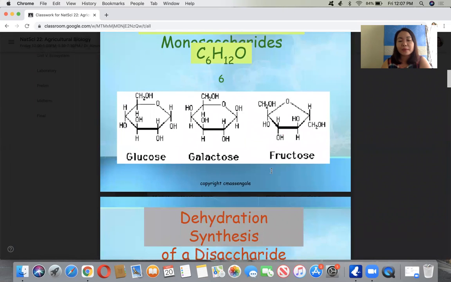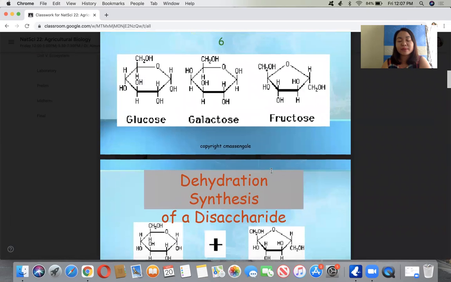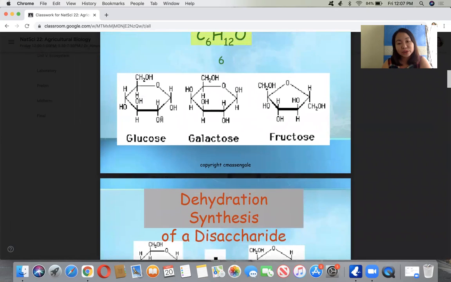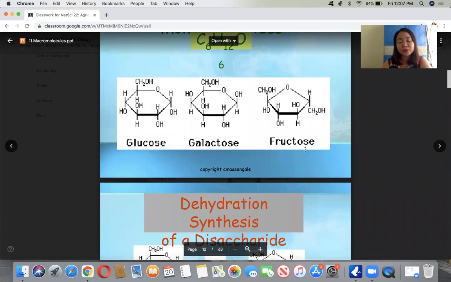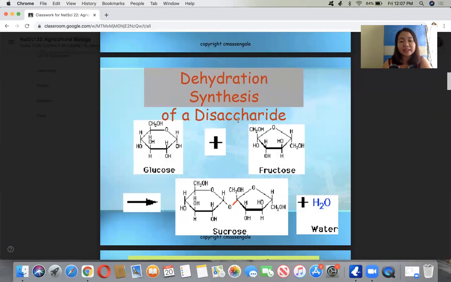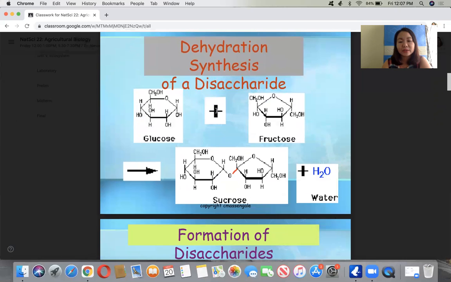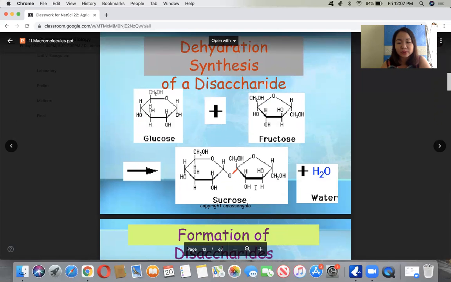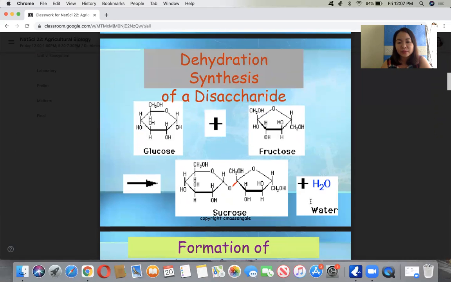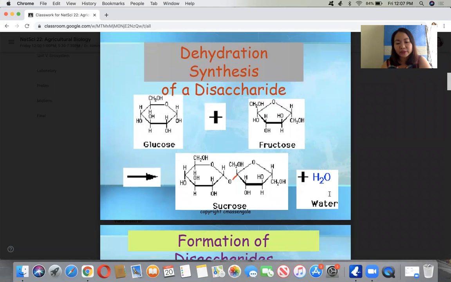We have learned from the previous lesson that glucose is the sugar in blood, fructose is the sugar in fruits, and so on. In the dehydration synthesis of a disaccharide, glucose is added to fructose, so it becomes sucrose with the release of water.